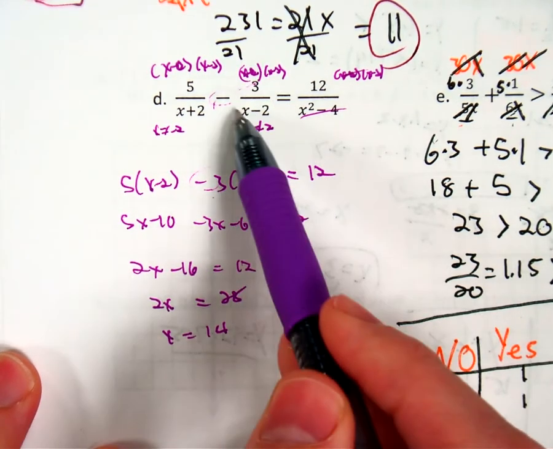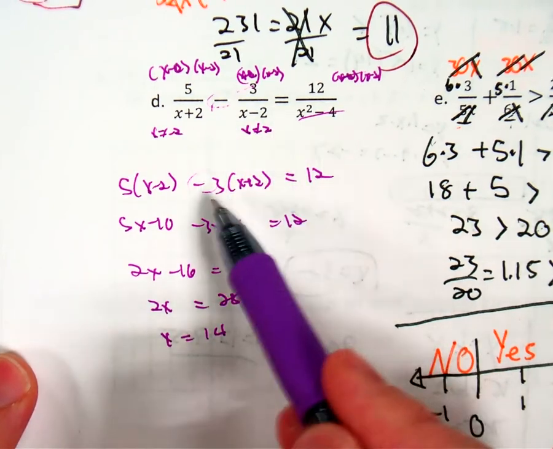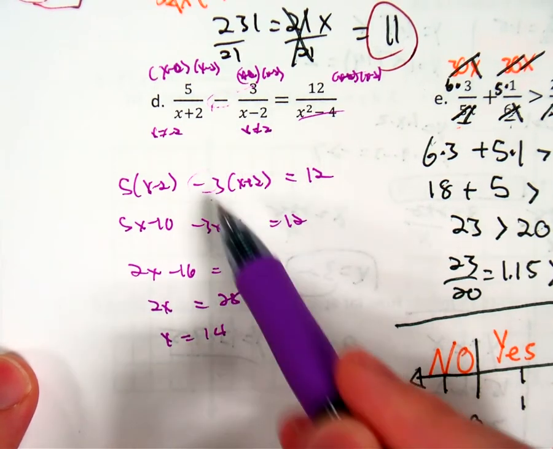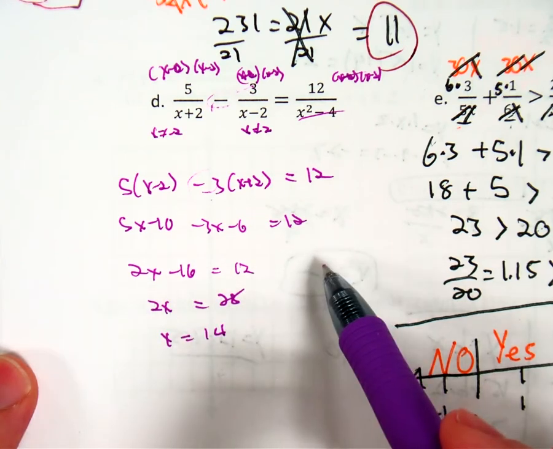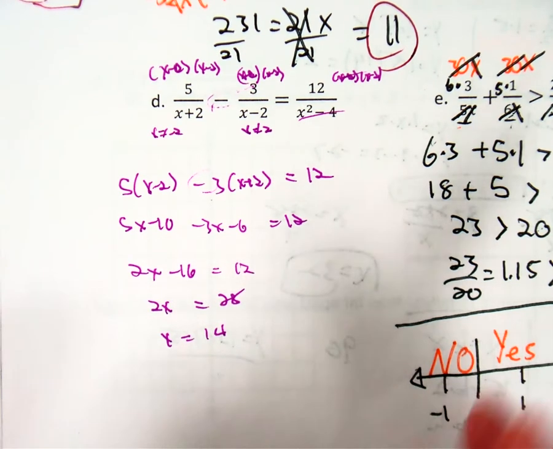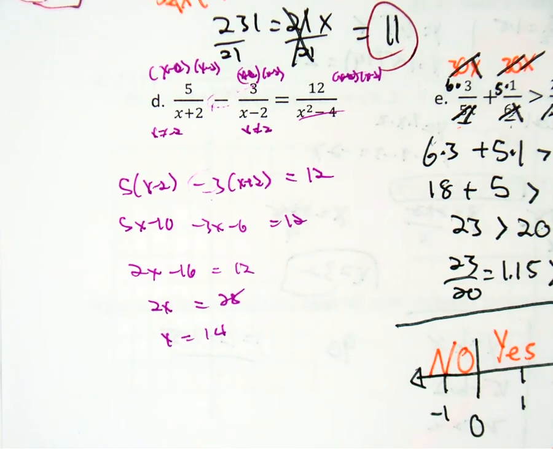Negative 3, I bet that's a tricky spot. We lose that negative. So that's going to be negative 3x minus 6, 5x minus 10. And we're going to break it all the way down there to 14. Simplify, combine, get x by itself, divide, 14.